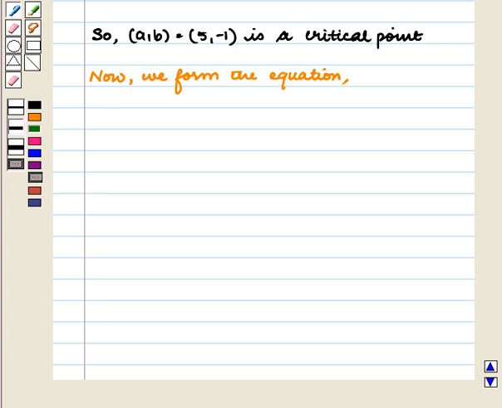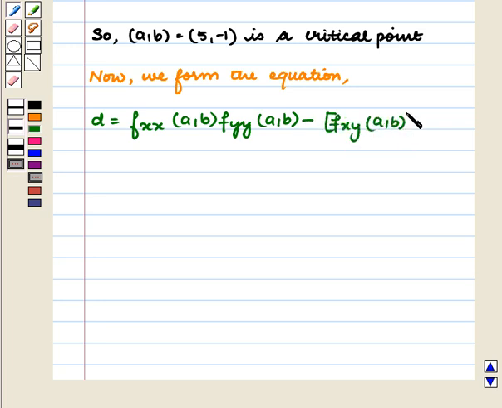Now we form the equation D equal to f sub double x at AB into f sub double y at AB minus f sub xy at AB whole square.